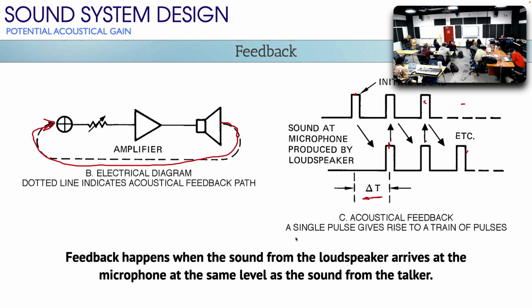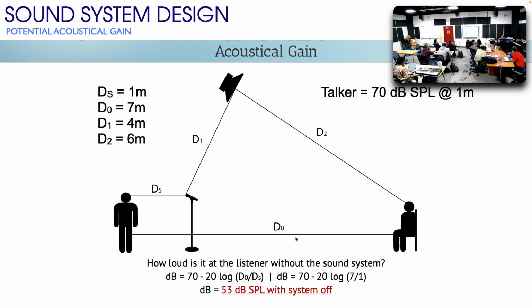So let's take a look at what that result can be. If I put some distances into this diagram: ds, the distance between the talker and the microphone, is 1 meter. The distance between the talker and the listener is 7 meters.